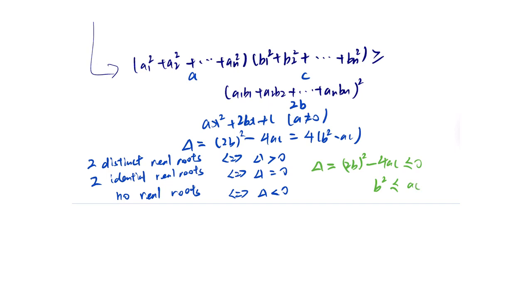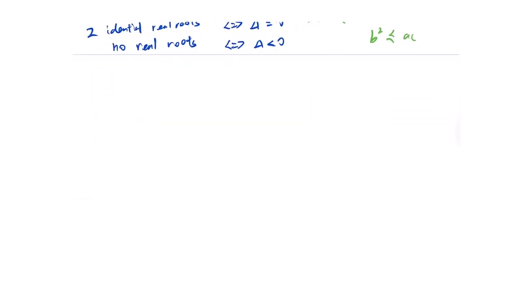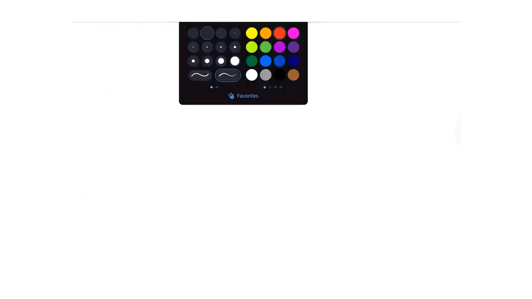So now we can construct the expression: a1 squared plus a2 squared plus all the way up to an squared, times x squared, plus 2 times a1 b1 plus all the way up to an bn, times x, plus b1 squared plus all the way up to bn squared.